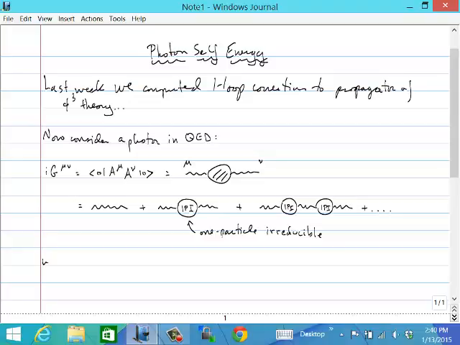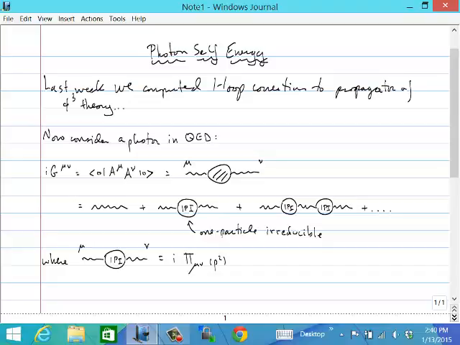So here, what we'll do is we'll give a name to the one-particle irreducible contribution to the propagator. I'll call it pi, just as I did in the case of a scalar field. The only difference being that now pi is a tensor.